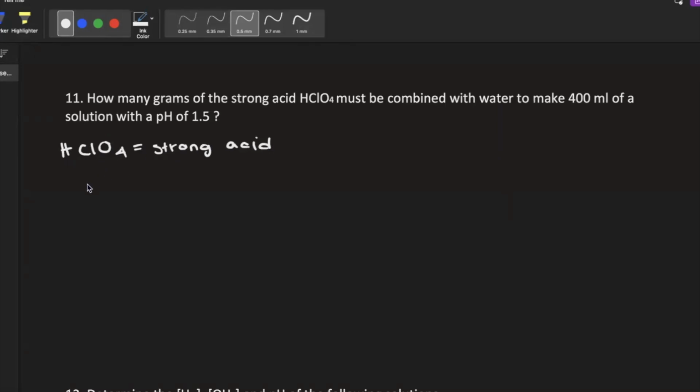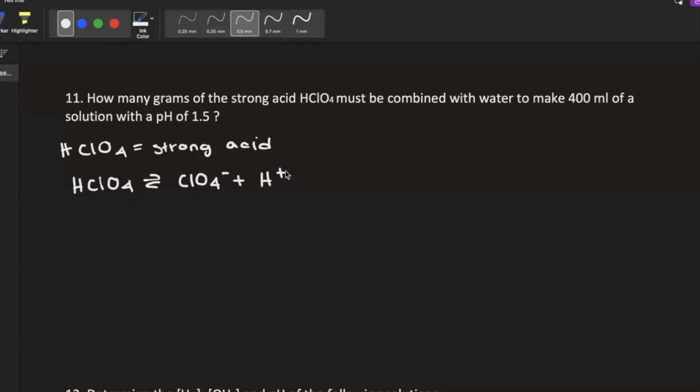Next, we're going to write out the equation. HClO4 is going to give us ClO4 minus plus H plus.